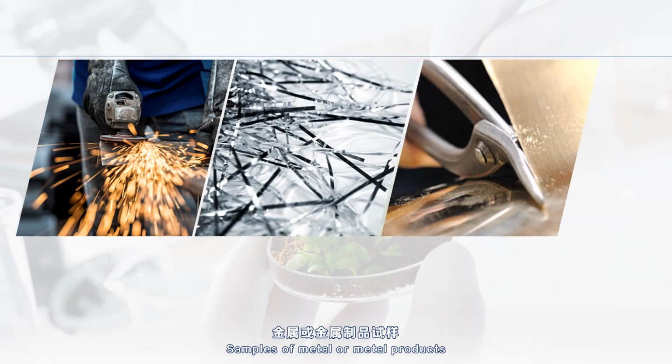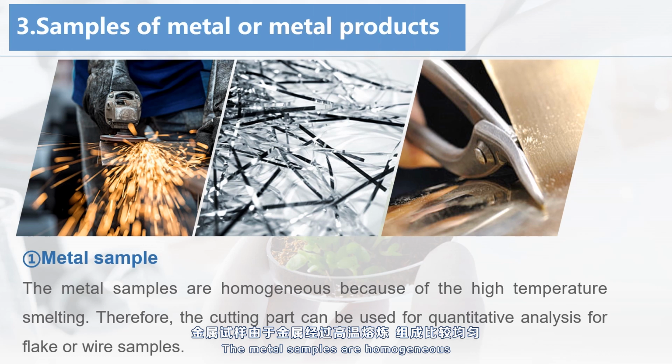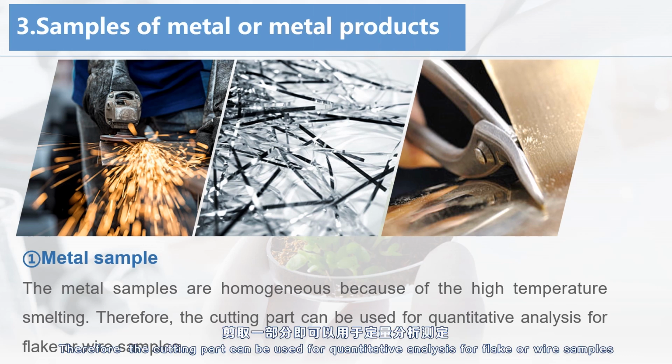Samples of metal or metal products. The metal samples are homogeneous because of the high temperature melting. Therefore, the cutting part can be used for quantitative analysis for flake or wire samples.